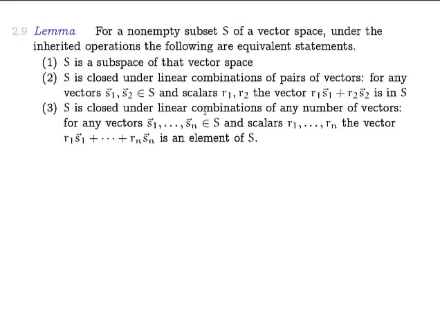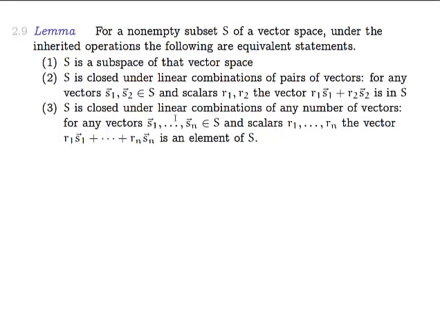And S is closed under linear combinations of any number of vectors. Let me unpack this. These three statements are equivalent. S is a subspace if and only if it's closed under linear combinations of pairs of vectors. Also, S is a subspace if and only if it's closed under linear combinations of any number of vectors.